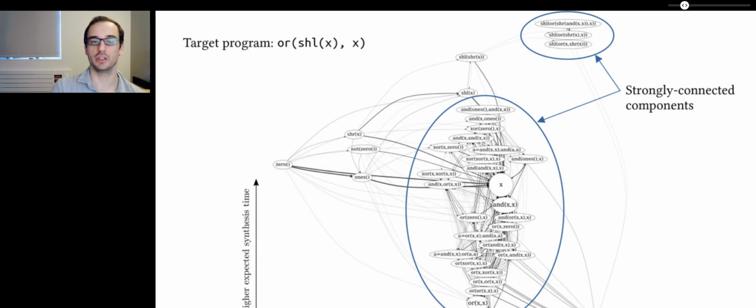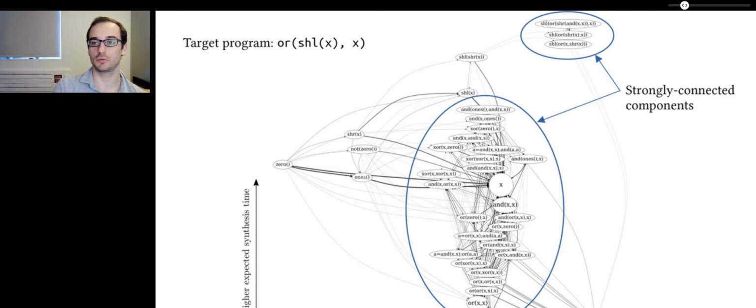There's also something interesting going on in this upper right component. What's happening here is that the cost of these states is significantly lower than the main component. But because they have both a shift left and a shift right, they end up dropping one of the input bits. And because these shifts are nested, we can't drop either one without resulting in a very large increase in the cost.